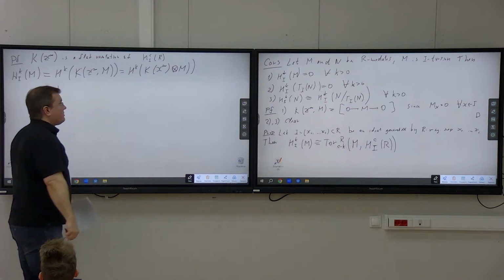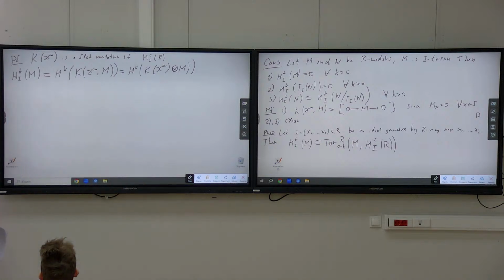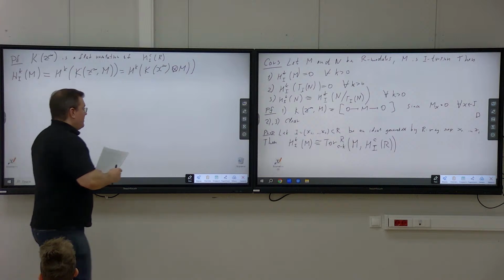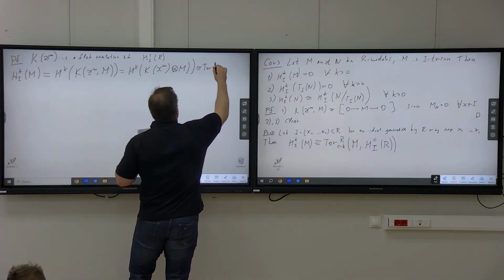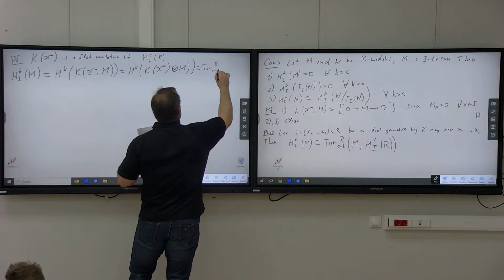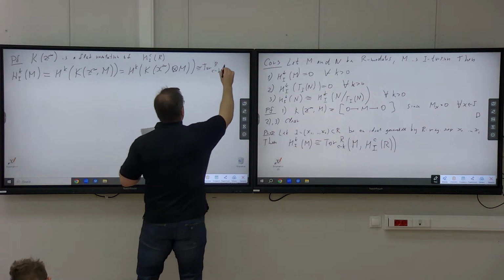But now the stabilized Čech complex is a flat resolution. So this is just a thing that computes Tor, but we just need to be sure what the correct index is. c minus k is the correct index.